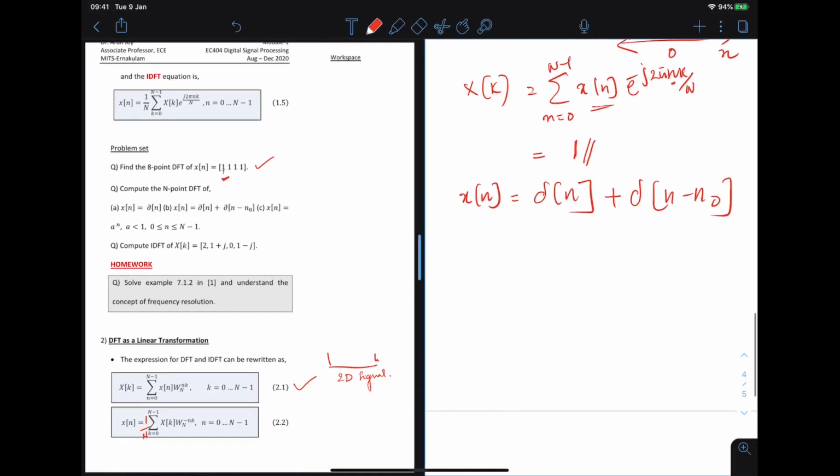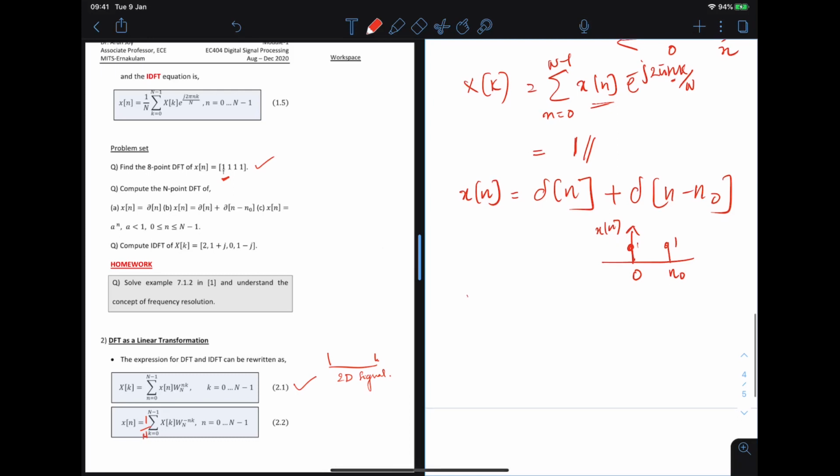Here your x of n will look like this, and at n0 you have another point, each equal to 1. So substituting it in our expression for DFT, what you are going to get is the summation from n equal to 0 to N minus 1 of x of n e raised to minus j 2 pi nk by N.